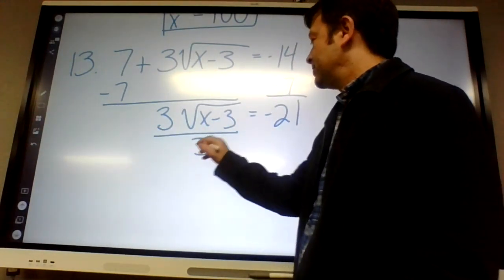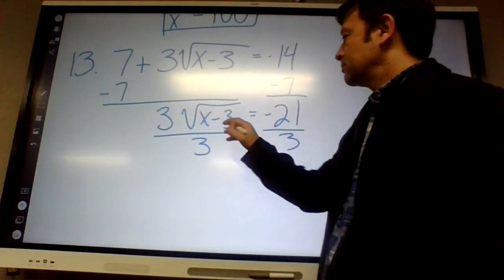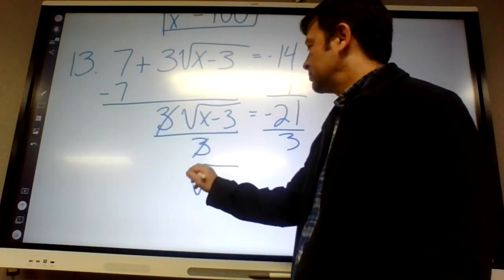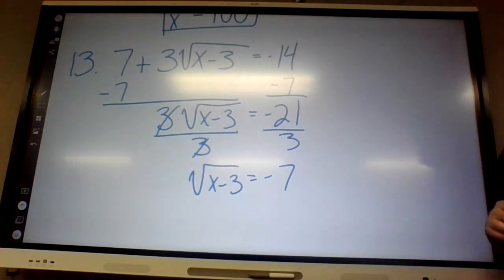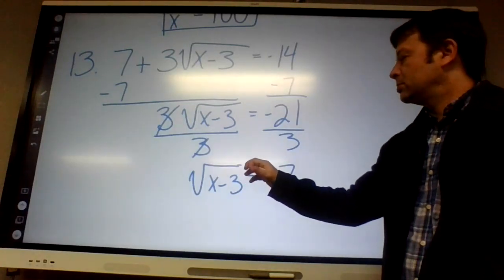Divide by 3. Now what? You would square root them though? Said the wrong word. Or square it.